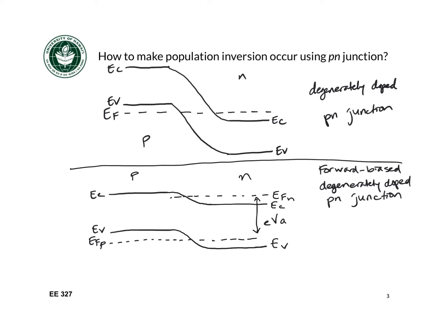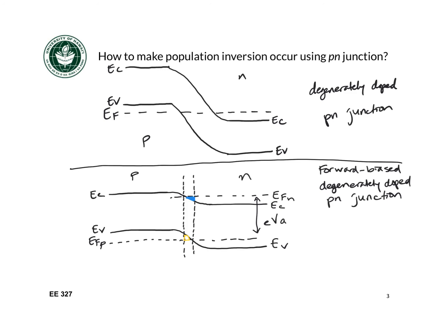And now what we can see from this diagram is if we look at this part of the depletion region, that I just outlined with these dashed vertical lines, I have a population of electrons here in the conduction band. I know that there has to be some electrons there because that's below the Fermi level. And I have some empty states available in the valence band.